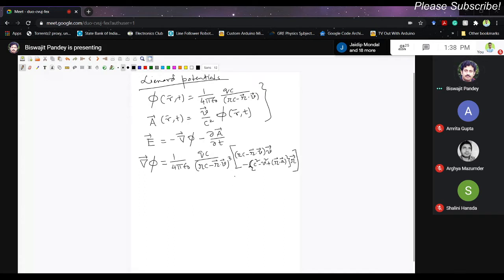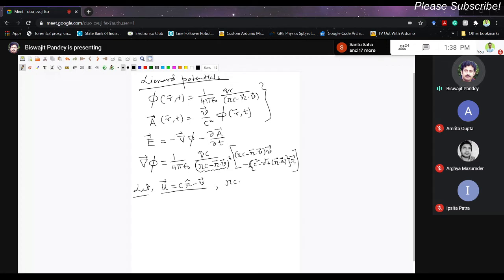I think this Rc minus R dot v will appear repeatedly throughout our calculation, so it is better to use a shorthand notation. Suppose we define a new variable u, which is c R cap minus v. This is a vector, c times the unit vector R cap minus v.